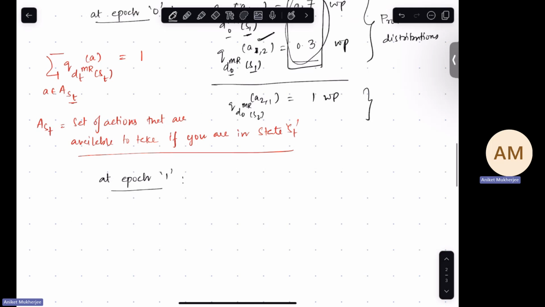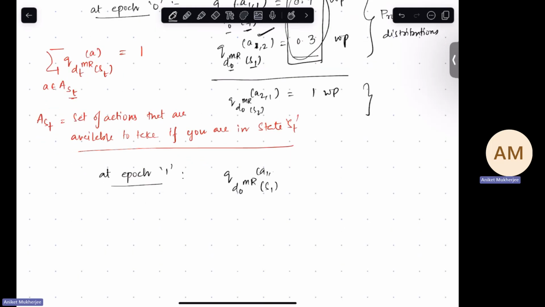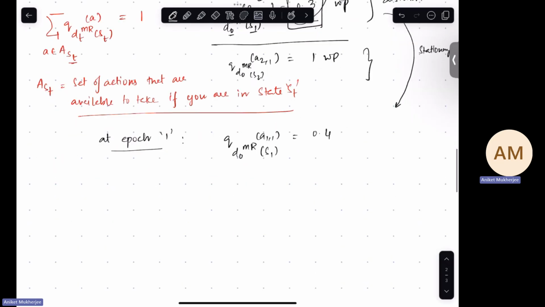Similarly, you write Q_d1 MR, S1, A11 is equal to 0.4. You can write anything. If you had written the same probability distribution here also, then it would have been stationary. It would have been a stationary randomized Markov policy, but we are not doing stationary right now.